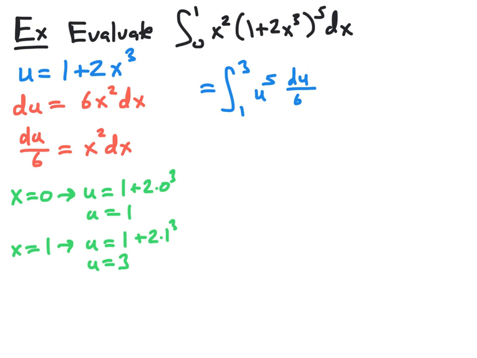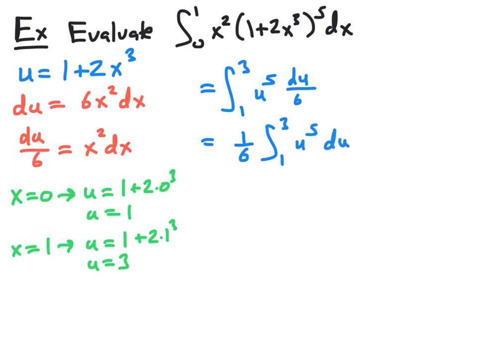We've substituted du over 6 for the x squared dx part of the integrand, and we've substituted u for 1 plus 2x cubed. This then becomes 1/6 the integral from 1 to 3 of u to the fifth power du.